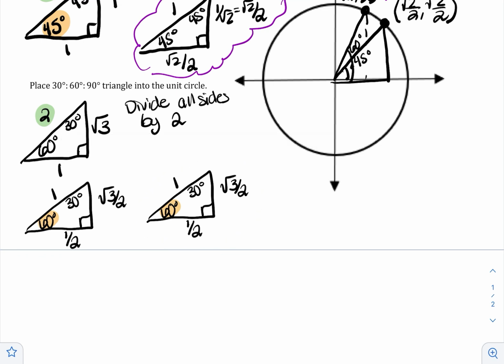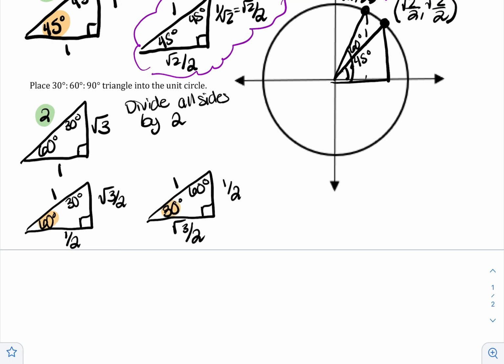So I'm going to switch the 30 and the 60. But remember that if I do that, I have to switch the radical 3 over 2 and the 1/2. So now the 1/2 goes here, and the radical 3 over 2 goes here. Because the sides have to match with the angles. Otherwise, the triangle is not correct.